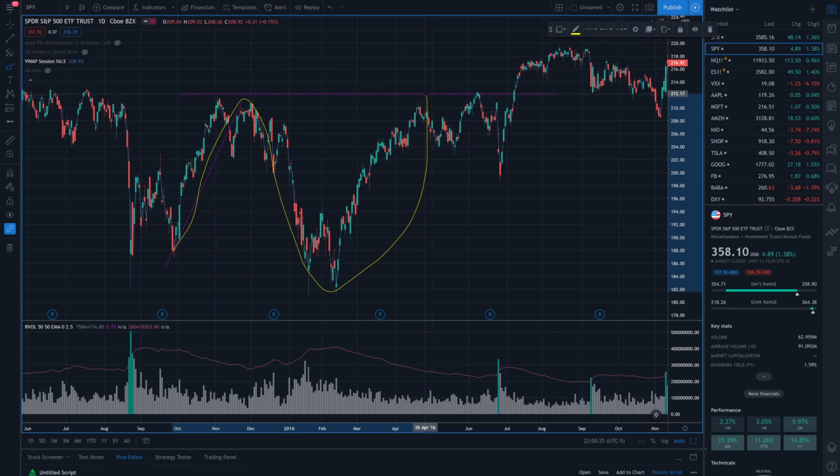So this is a cup, right? The cup is like a U shape where it hit a top, it fell down considerably, and then it recovered all the way back to that previous high. And then there's the handle, where it pulls back slightly some more again until it shoots back up. And that's how you fulfill a cup and handle.